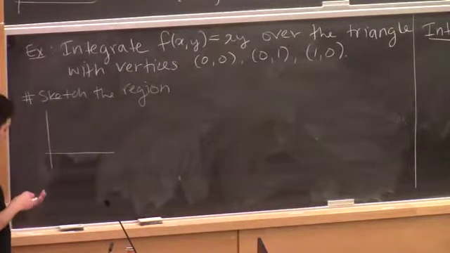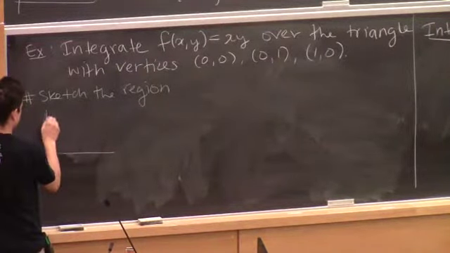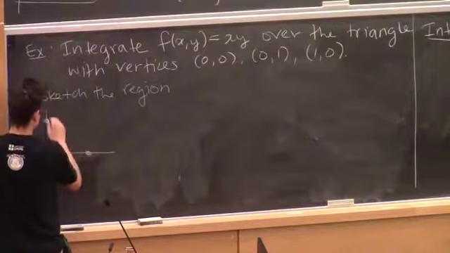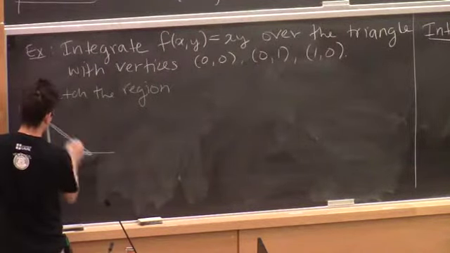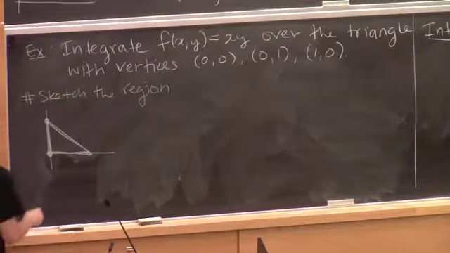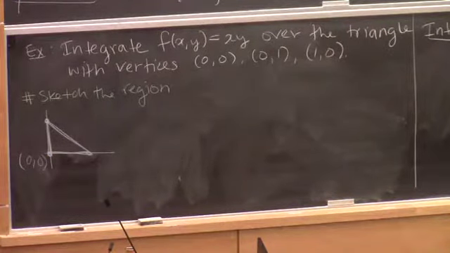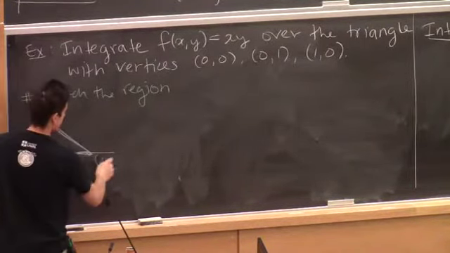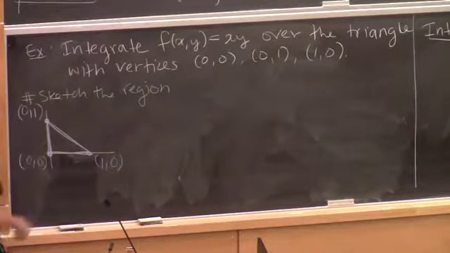Okay, so the region will have vertices, so it's got a vertex at 0, 0, a vertex at 1, 0, a vertex at 0, 1.